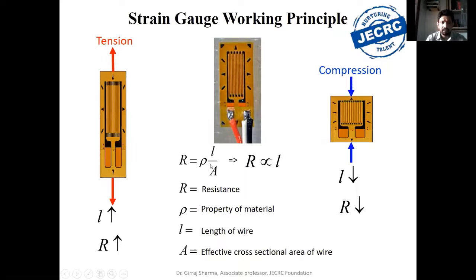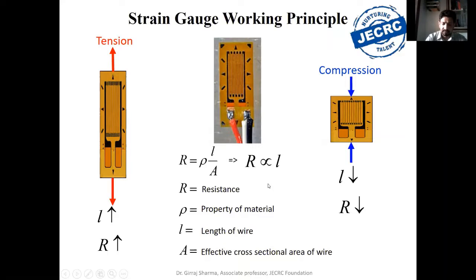Now we know by this expression that resistance depends upon the length. It also depends on the cross-sectional area, but we are not dealing with this now. Hence, if we take length under consideration, we can say that resistance is directly proportional to length. Hence, if the length changes, resistance changes.